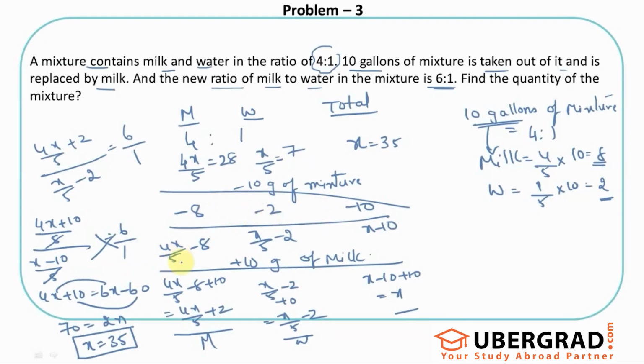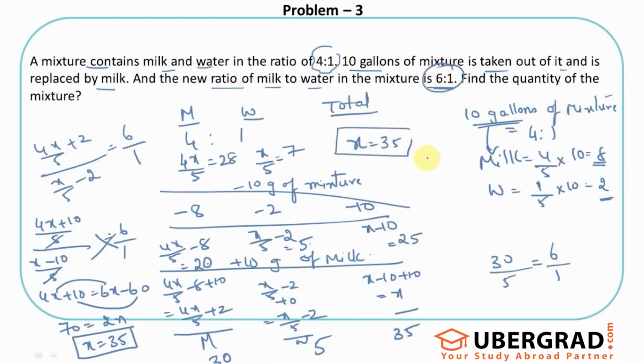So that makes this 28 minus 8, 20, and this will be 7 minus 2, 5, and this will be 35 minus 10, 25. Now I am adding back 10 gallons of milk. So 20 plus 10 is 30. This will be 5. This will be 35. So milk is 30 and water is 5. That is basically 6:1, which is the given ratio. So the quantity of the mixture, the answer, is 35 gallons.